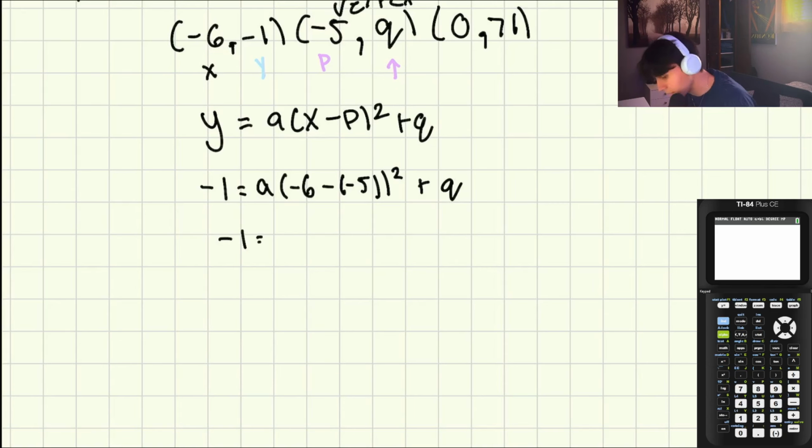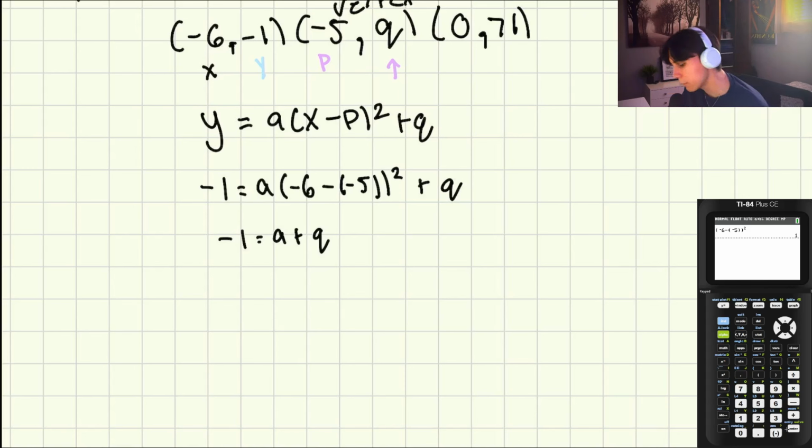So we have -1 is equal to, and I'll put this in my calculator over here. Make sure you're putting in all the brackets as always. And you're gonna get a times 1, so just a, plus q. -1 equals a plus q.